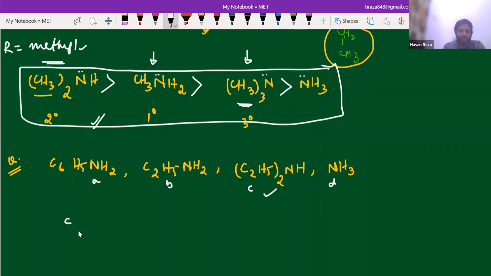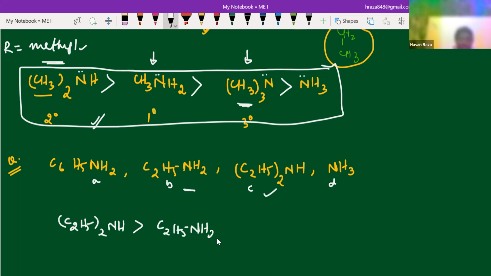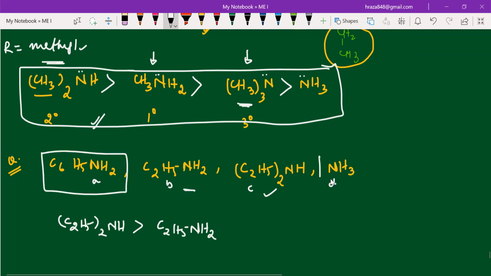Yes, the second one. It will be the most basic, (C2H5)2NH. Then which one will be next? Then comes C2H5NH2. And after this, which one will be this or this? What do you think?